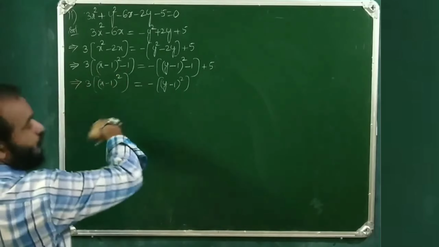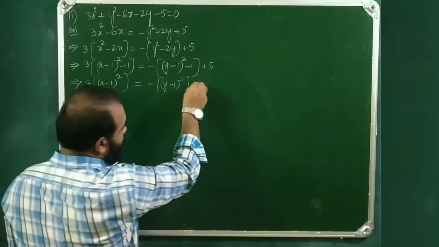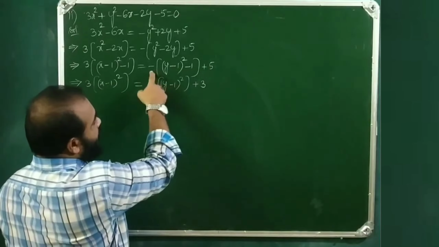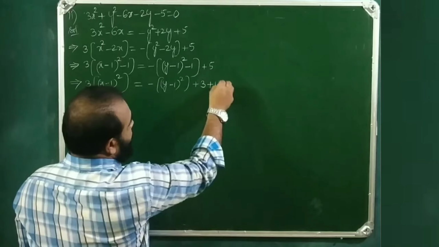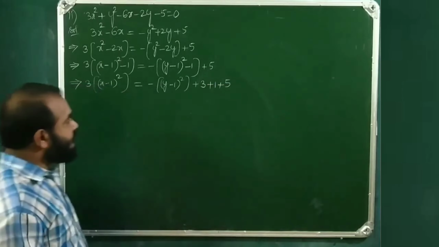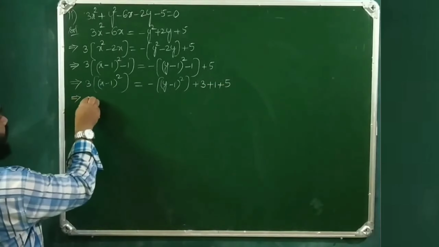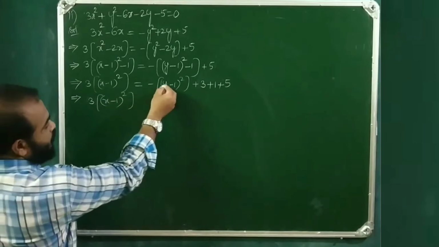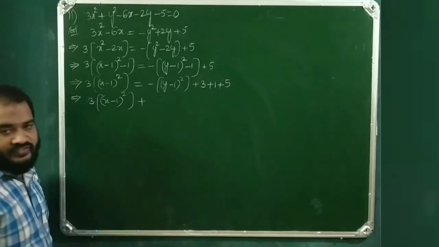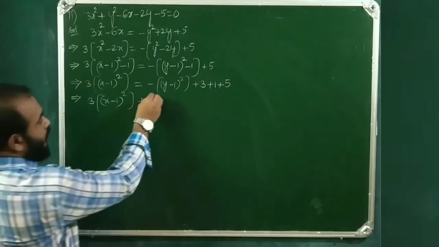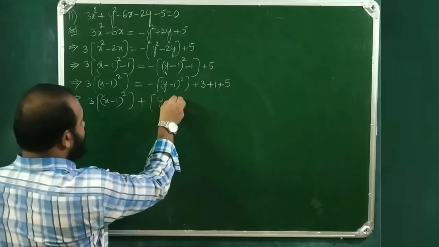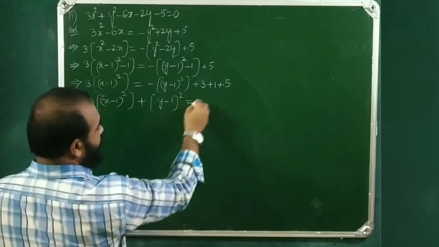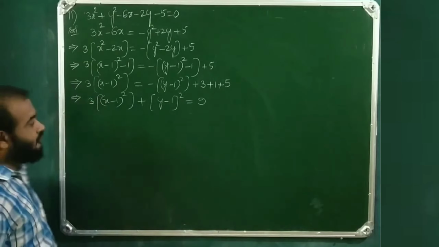So 3 into minus 1 is minus 3; if you take it to that side, it is plus 3. Minus into minus is plus 1, plus 5. This is equal to 3 into x minus 1 whole square. This minus term, if you bring to this side, is plus y minus 1 whole square, equal to 3 plus 1 plus 5, which is 9.